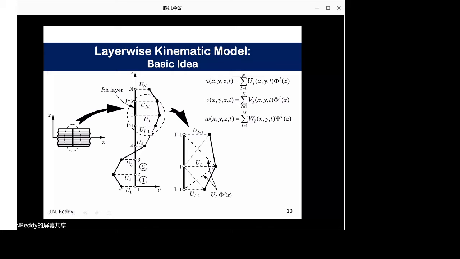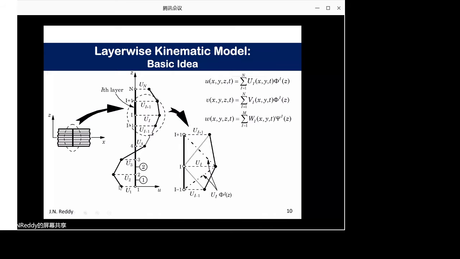So that means u, v, w. Now these u, v, w are the 3D elasticity displacements in x, y, z direction. They are expanded in terms of nodal values, and nodal values are at the interfaces. So for example, the ith node will have three coordinate displacements along the three different coordinates, x direction, y direction, z direction.